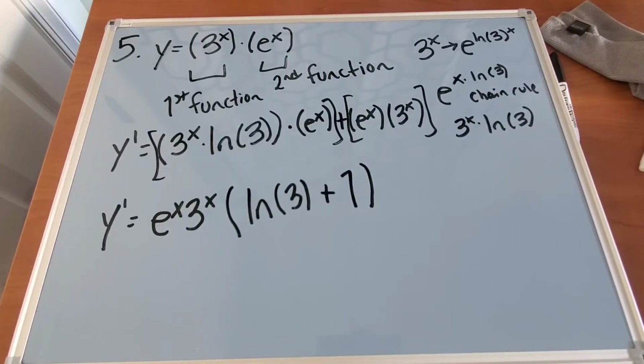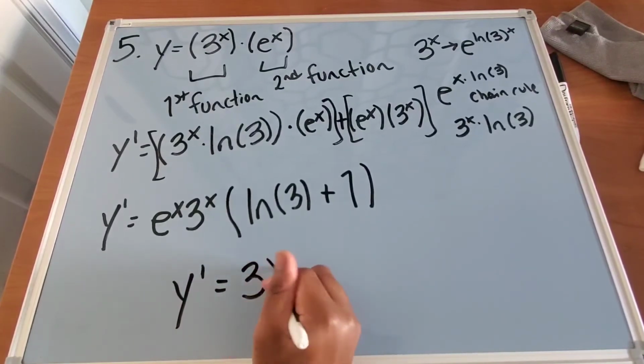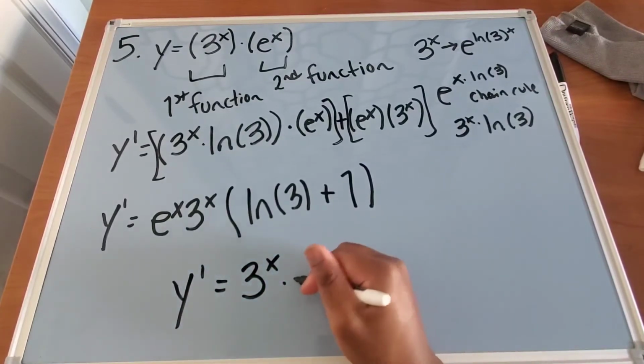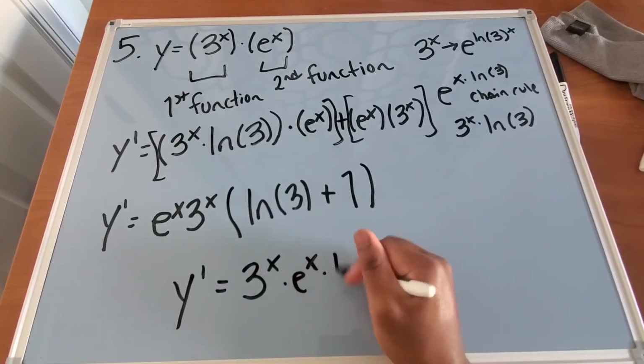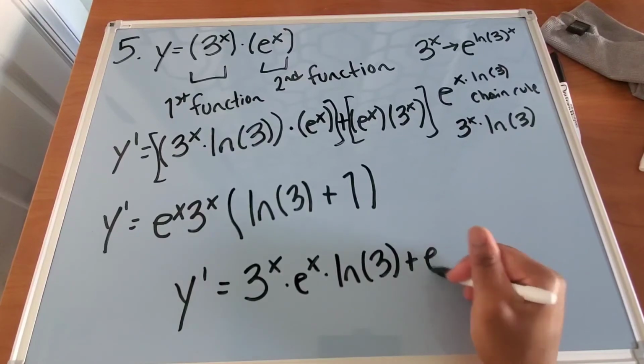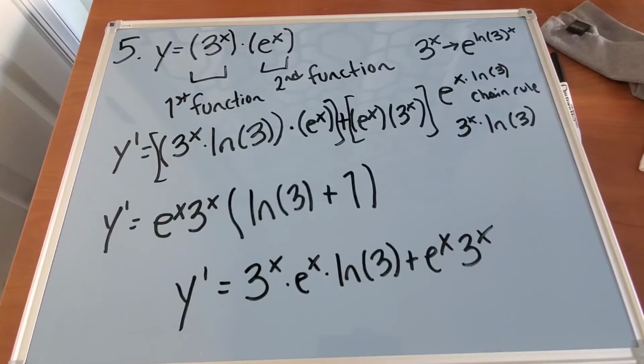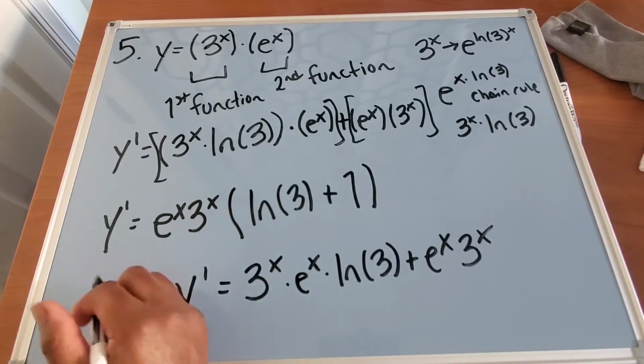So if you wanted to, this is still a product rule. This is really a triple product rule. The way I probably wrote it in my notes, I just left it how it was before. So I probably left it as 3 to the x times e to the x times natural log of 3 plus e to the x times 3 to the x. Either one works, because if you distribute this back out, you get the same thing. That's just a matter of preference.